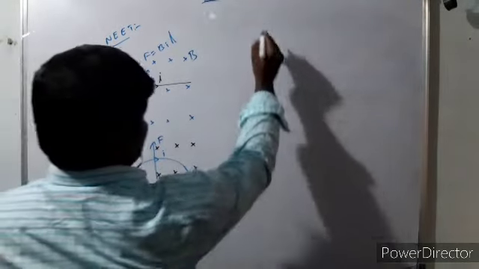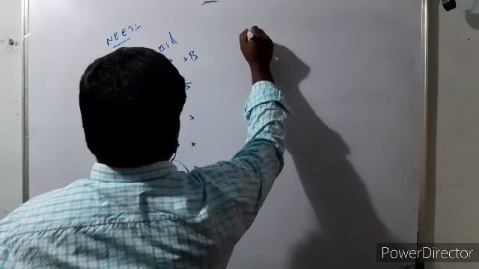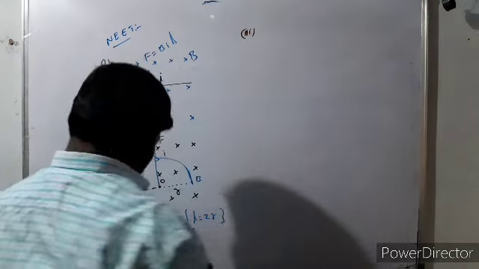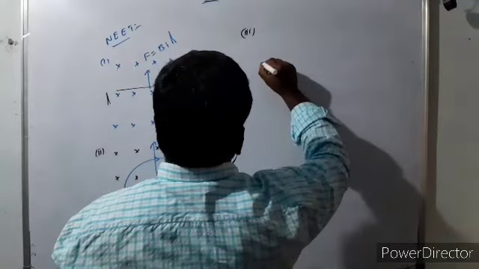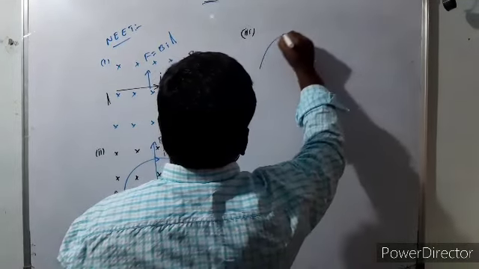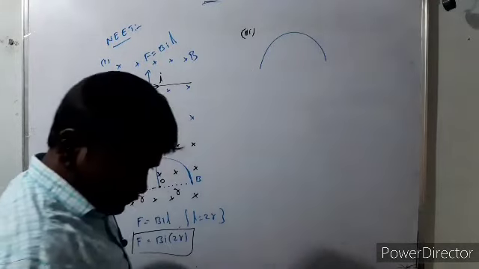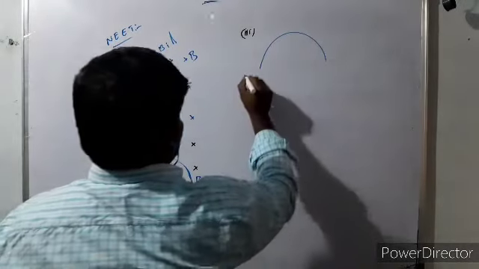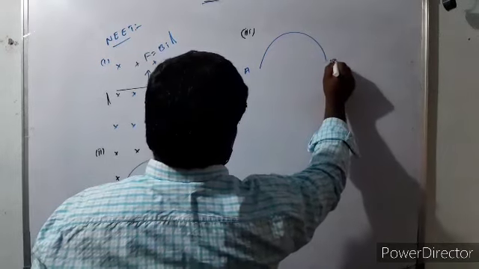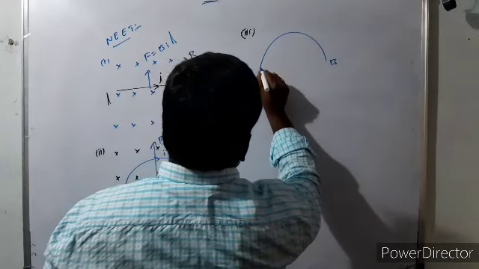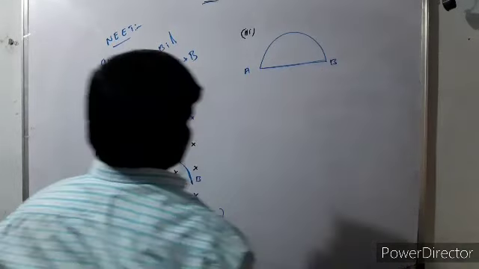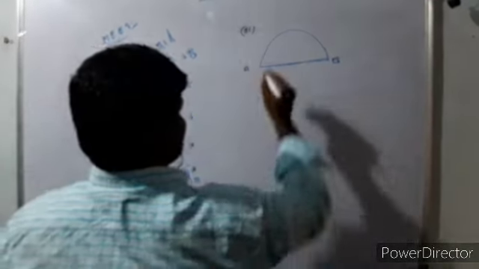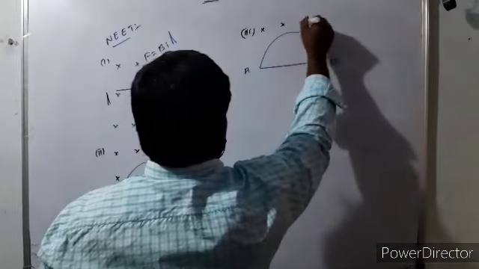Next, case 3. Let AB be a semicircular conductor. Between the A and B points, I consider one part. Now let B be the strength of the magnetic field.